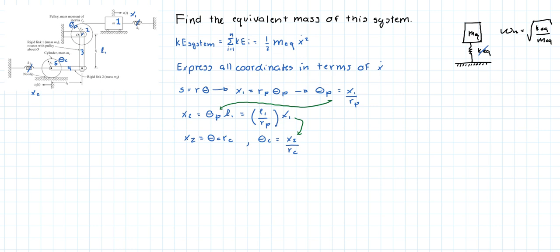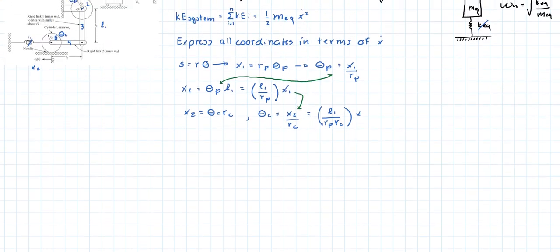And so what we'll get is L1 over Rp Rc times x1. Okay, good enough.